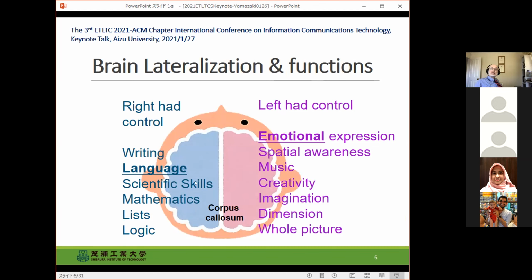On the other hand, the right hemisphere controls emotional expression, music and creativity. So many studies in human factor engineering use these kinds of theories as a base.